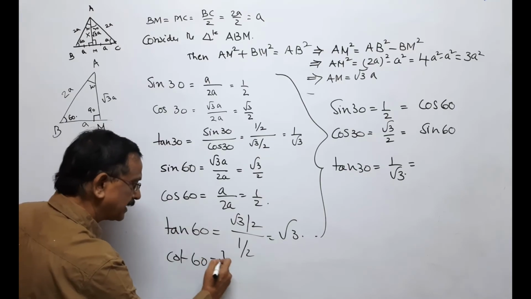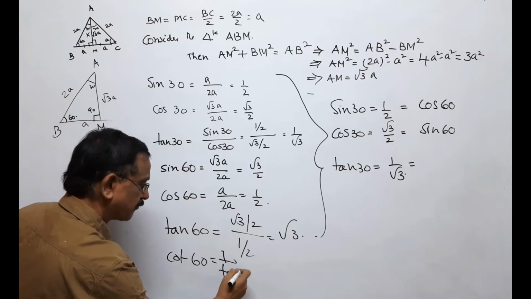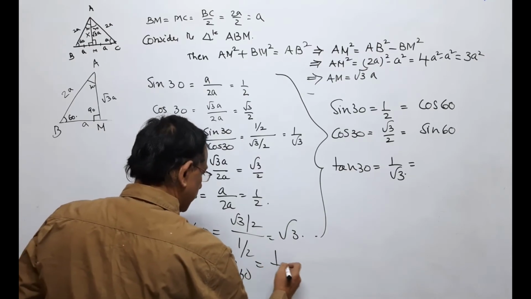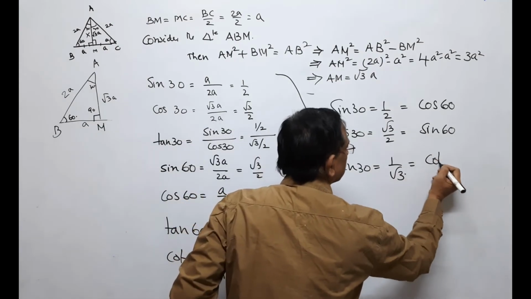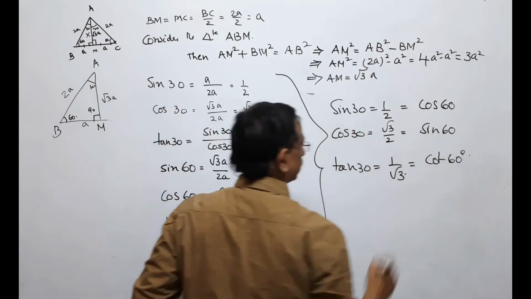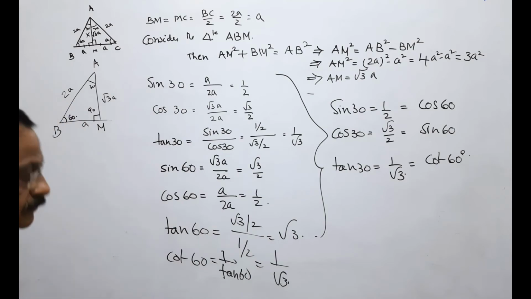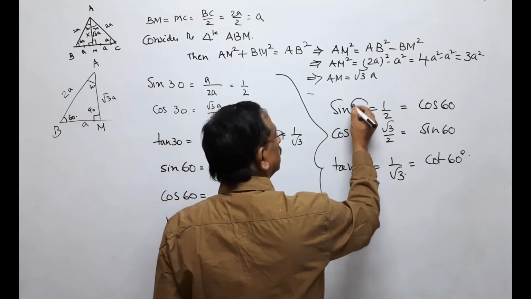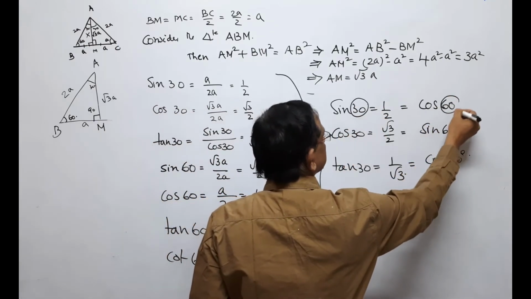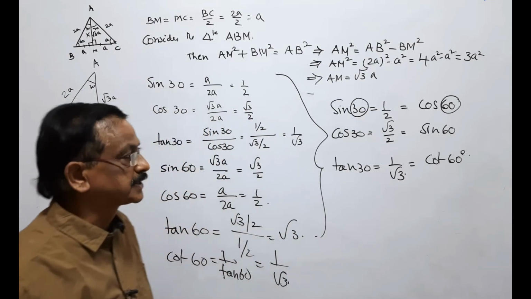Cot 60 is 1 by tan 60, that means 1 by root 3. So, what is tan 30? Cot 60. Always you have to observe: sine of 30 is the same as cos of 60.